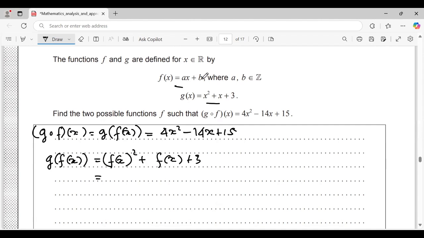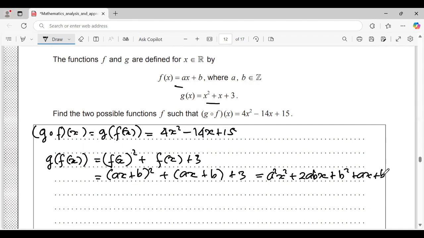Yes, so f(x) is ax plus b, so it means (ax plus b) squared plus ax plus b plus 3. And its result is a squared x squared plus 2abx plus b squared plus ax plus b plus 3.